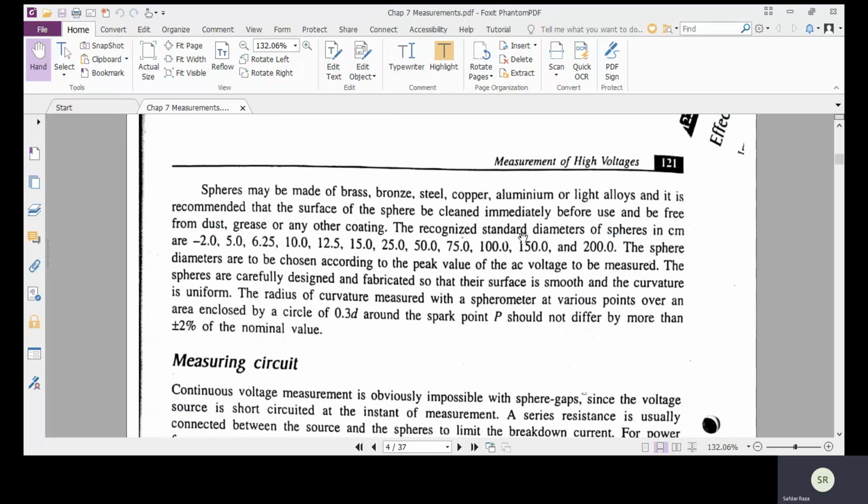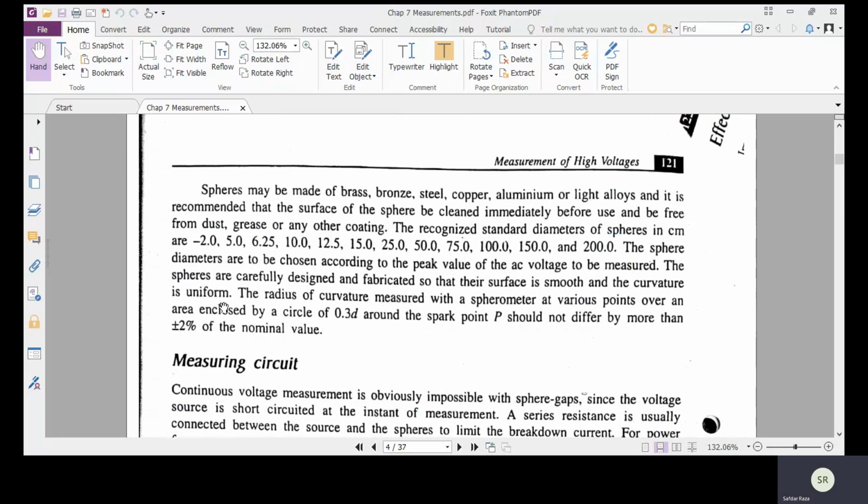The recognized standard diameters of the sphere in centimeters are 2 and so on. The sphere diameters are to be chosen according to the peak value of the AC voltage to be measured. The spheres are carefully designed and fabricated so that their surface is smooth and the curvature is uniform.